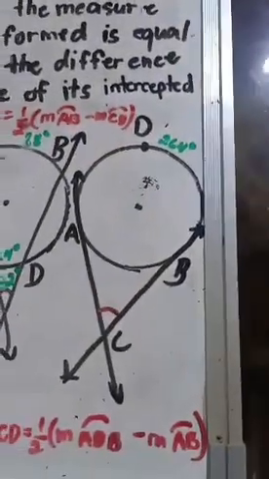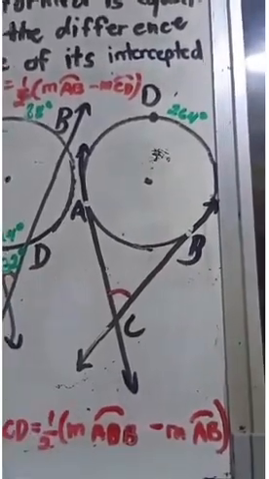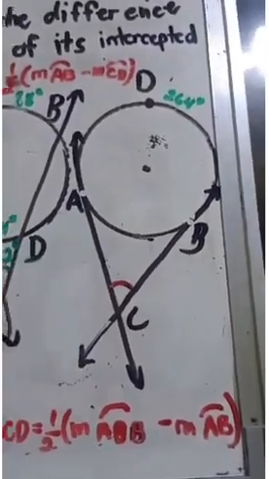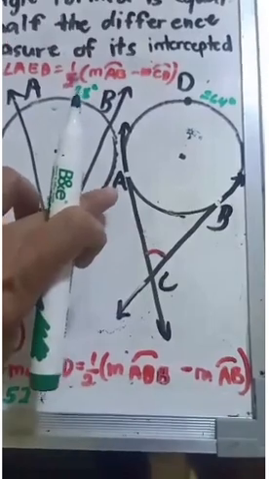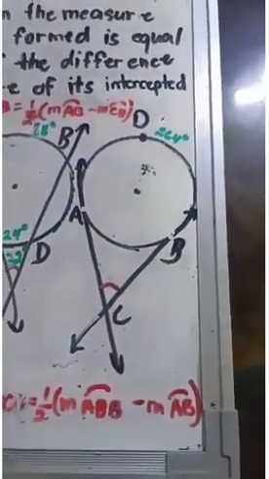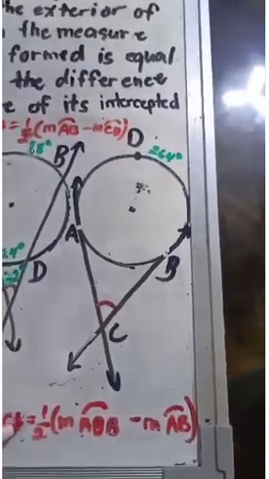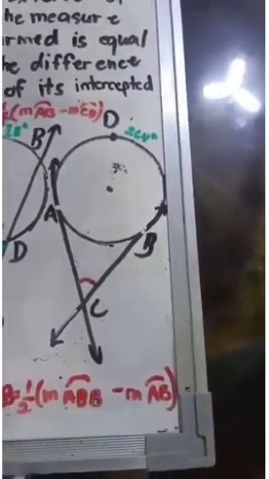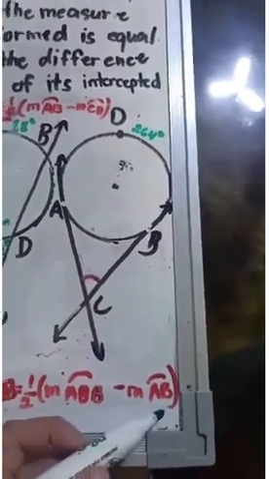Okay. Now here, these are two tangents intersecting outside the circle. The angle formed is angle ACB, and its measure is half the measure of arc ADB minus arc AB.